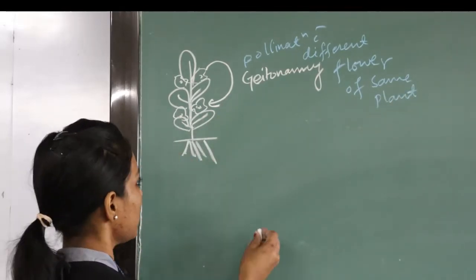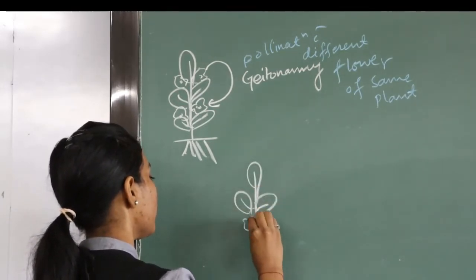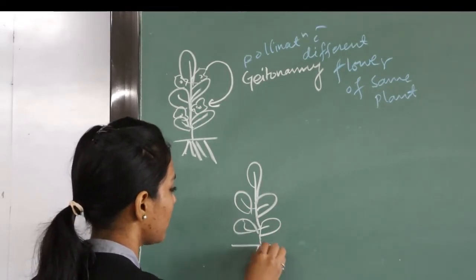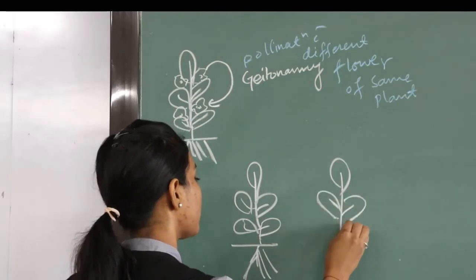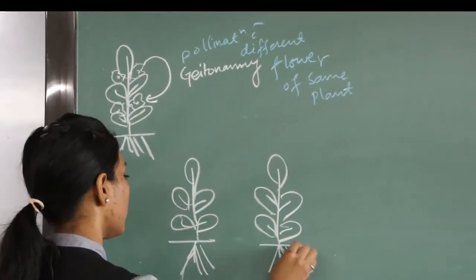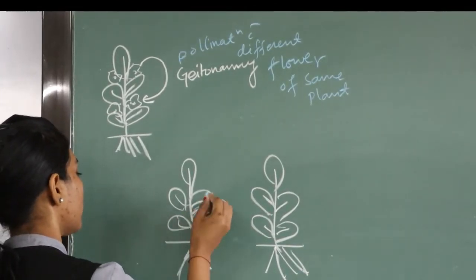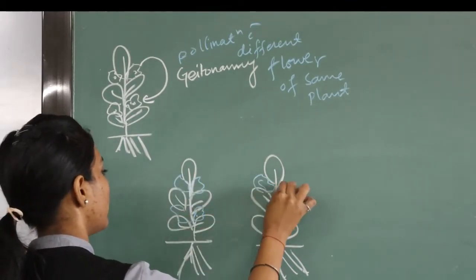Next we have seen xenogamy. As you know, it is a type of cross-pollination. In cross-pollination it requires two different plants. I am drawing the flowers here: these are the flowers, these are the flowers.